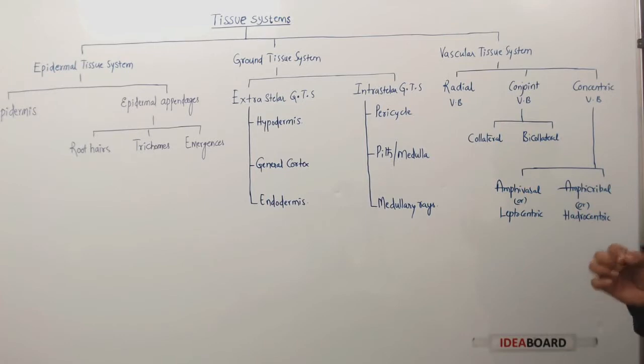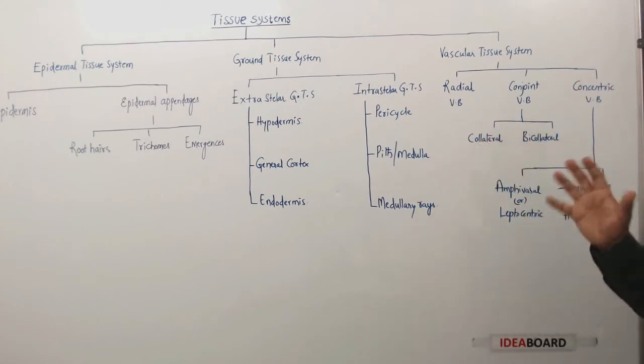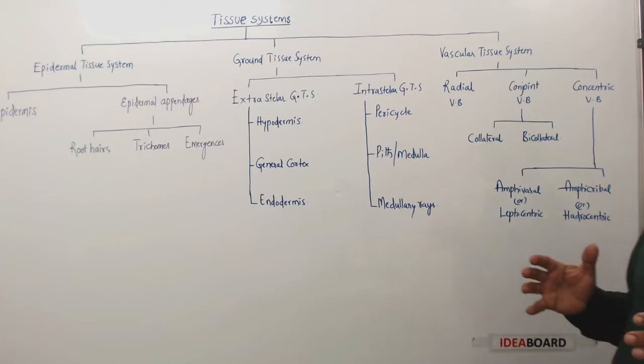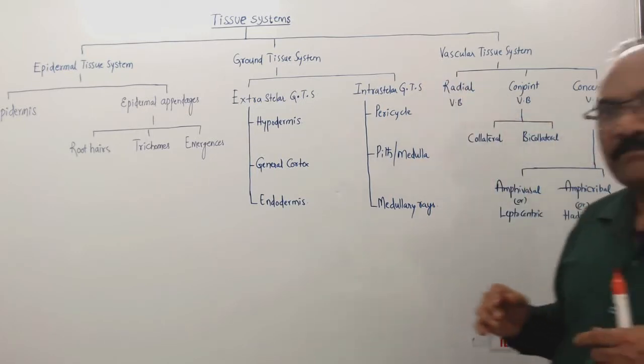Hadrome is the other name of xylem. Just remember these two terms. Hadrocentric means xylem is in the center, surrounded by the phloem. So these are concentric vascular bundles. First, just memorize this flow chart, and we will discuss first the epidermal tissue system.